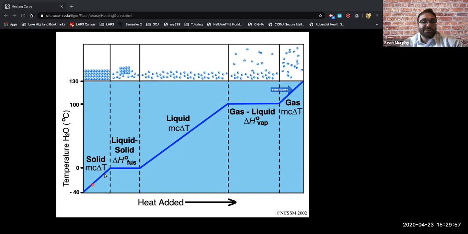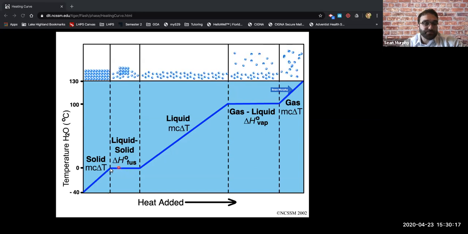As you can see, we are graphing temperature on the vertical axis, and on the x-axis we have heat. As we go from left to right, heat is being added to the water.